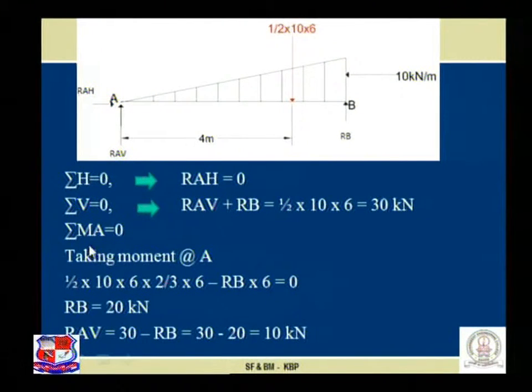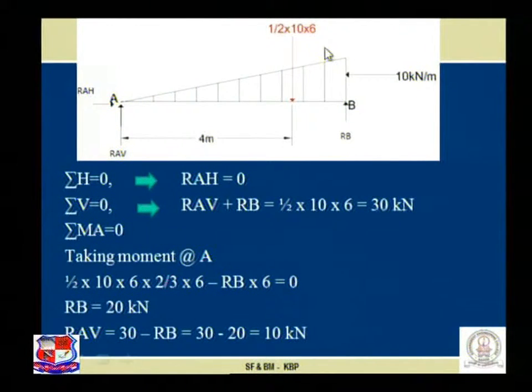Let us take sigma MA is equal to 0, the sum of the moments of the forces at point A equated with 0. If we take the moment at point A, the first force RAV into 0, because the perpendicular distance is 0.